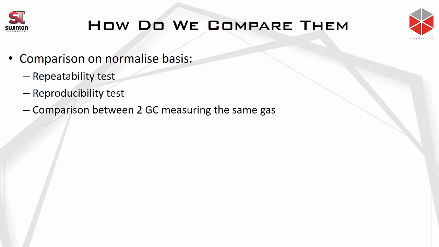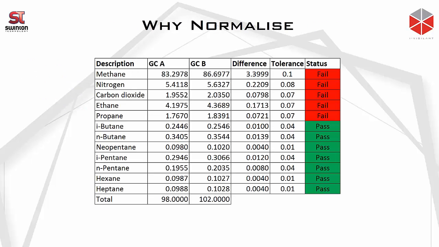A good result may actually be mistaken for a bad result because we're using the unnormalized total. So this is an example of why we normalize. This is an example between GCA and GCB that have the same exact components, but GCA has an unnormalized total of 98% and GCB has an unnormalized total of 102%.